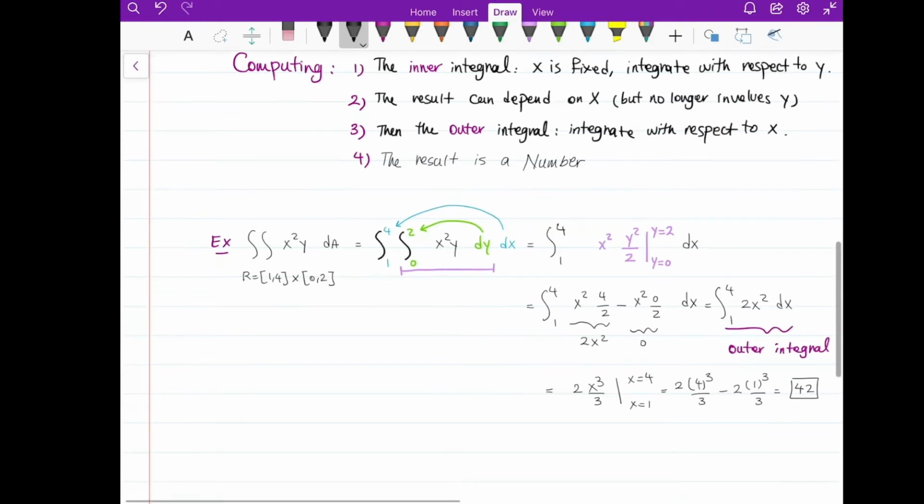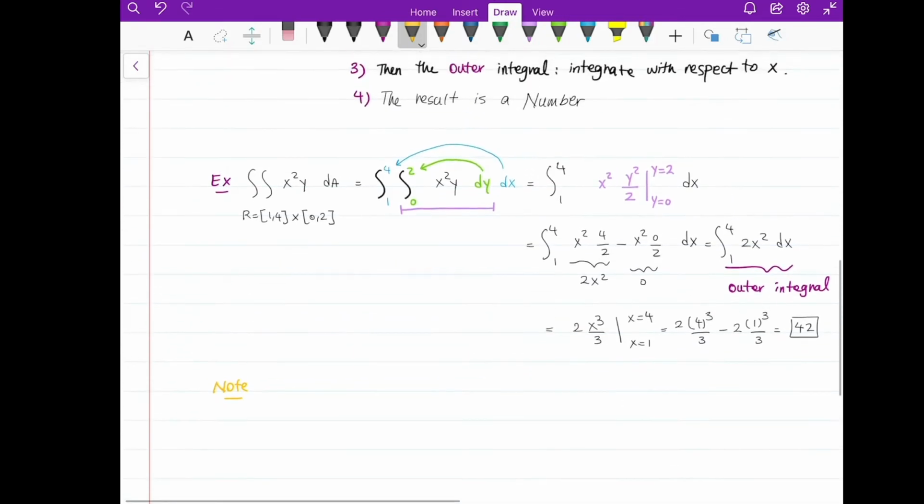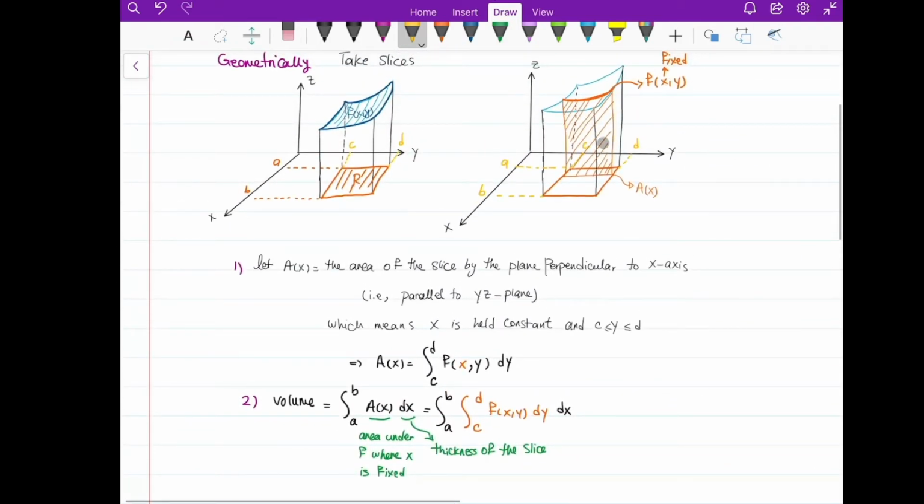Let me give you just one small note. Do we always need to write dy first and calculate that? If we want to talk geometrically, instead of taking the slices as perpendicular to the x-axis, you can take the slices perpendicular to the y-axis, right?